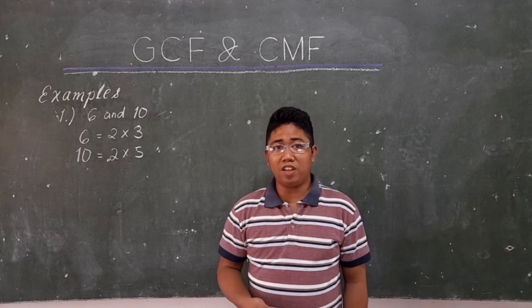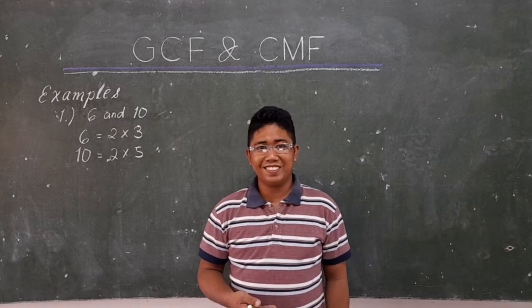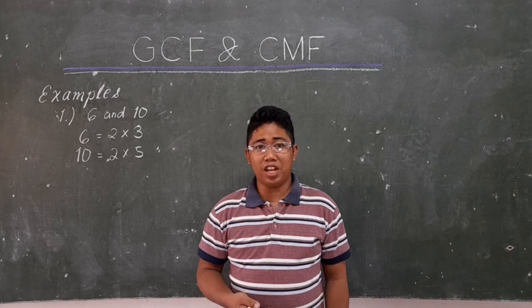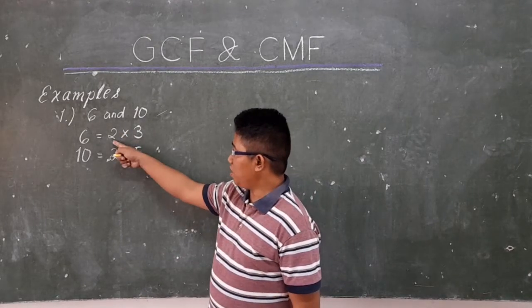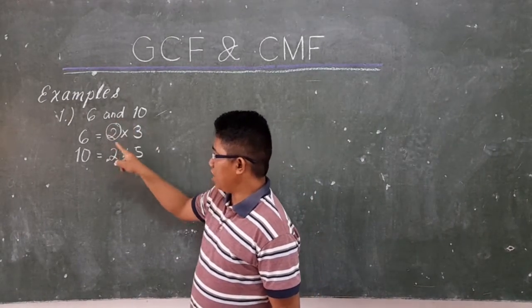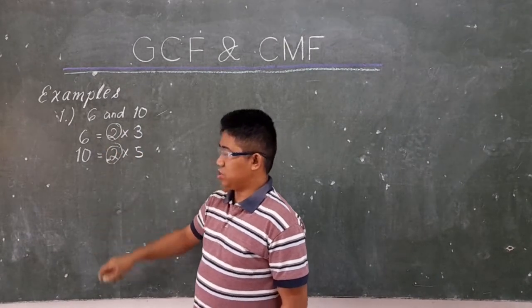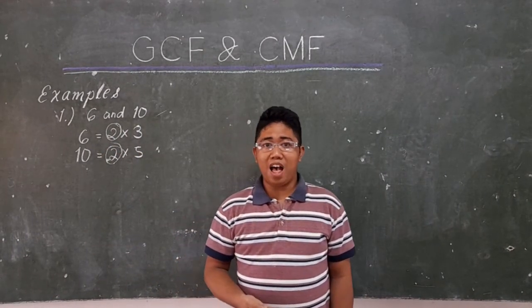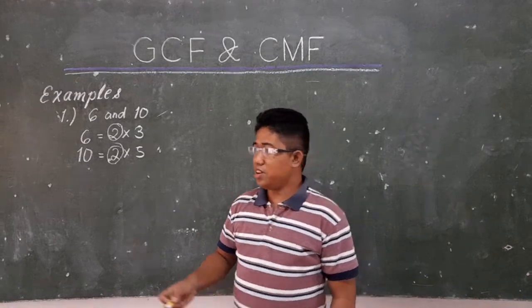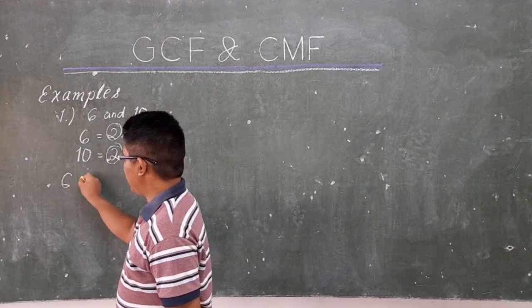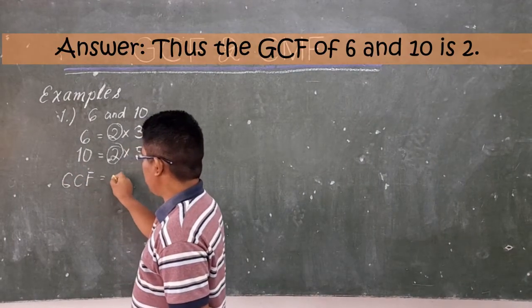What is the common factor of the two numbers? The answer is 2. There is a 2 in 6 and a 2 in 10. So we have found our common factor, and our GCF is 2.